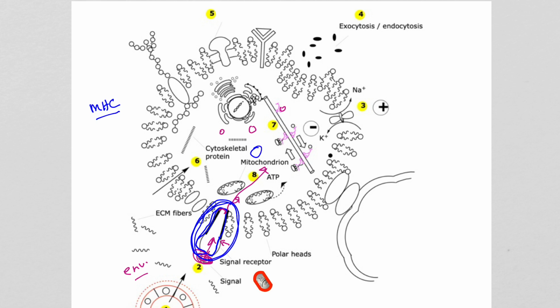Examples of receptors inside the cell include steroid receptors and receptors for some of the hydrophobic hormones, like thyroid hormone receptors, and so on. We'll talk about cell signaling in a future video. So cell signaling is a very important activity that cells do.